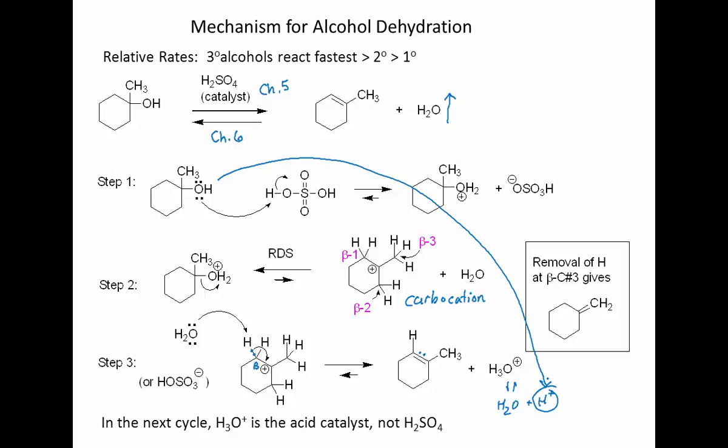That way the reaction starts over again. Notice that in the first cycle, sulfuric acid is the acid, but in the next cycle, it's probably H3O+. All right, why is it that I used water here to remove this proton and not the bisulfite anion? Well, this is actually the stronger base.